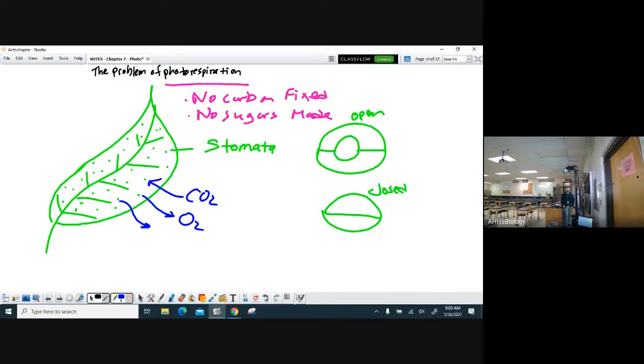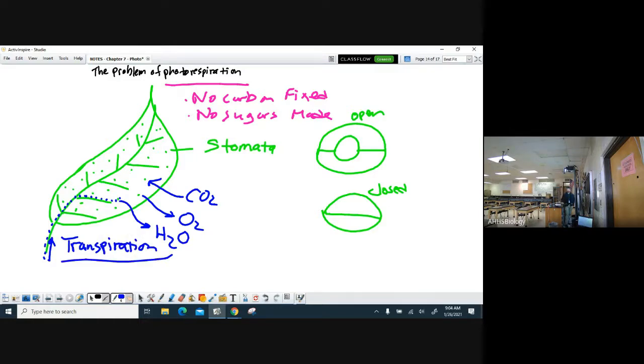Water. Good. That's really important for plants because when a water molecule right there evaporates out, it pulls this one, which pulls this one, and this one, and this one, all the way down to the roots. Water is being pulled up in a process called transpiration.